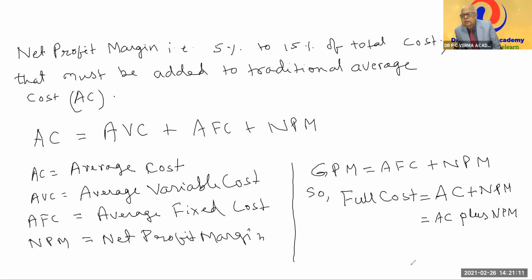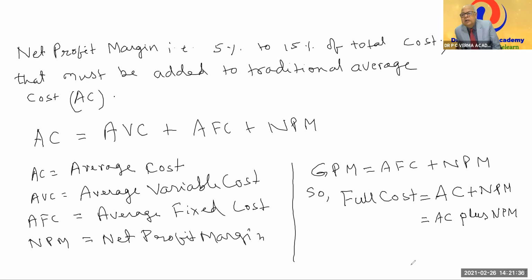Total has nothing to do with full cost. My question is, is full cost total cost? The answer is no. What is full cost? Full cost is average cost plus NPM.